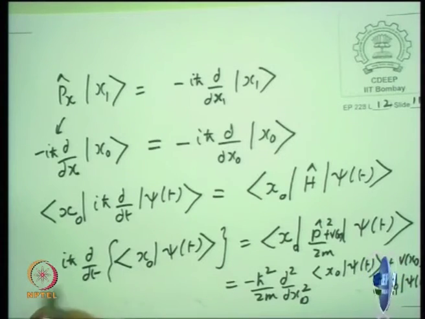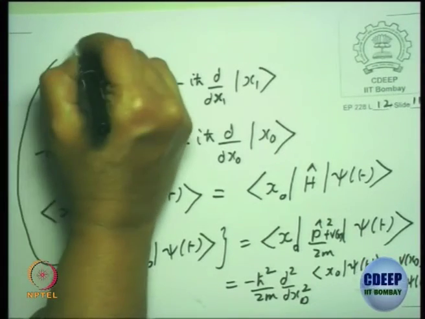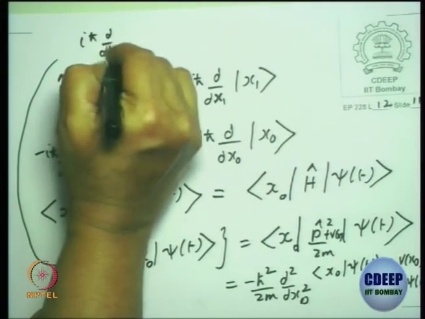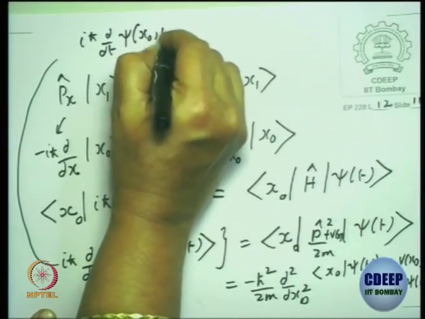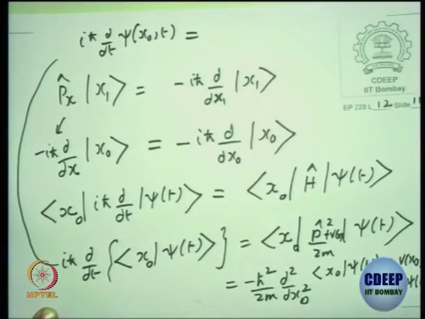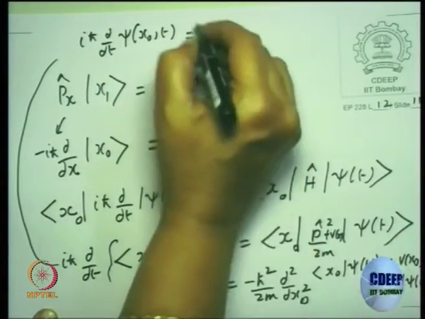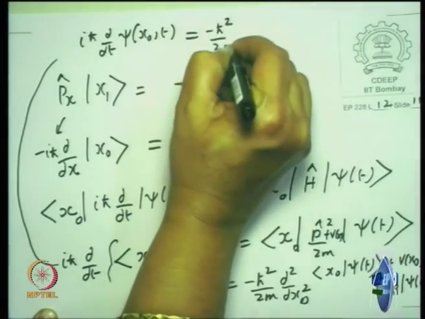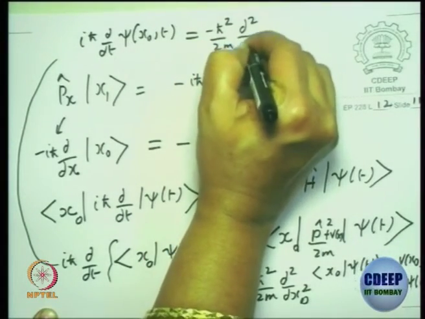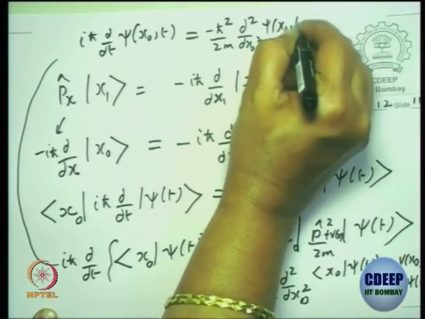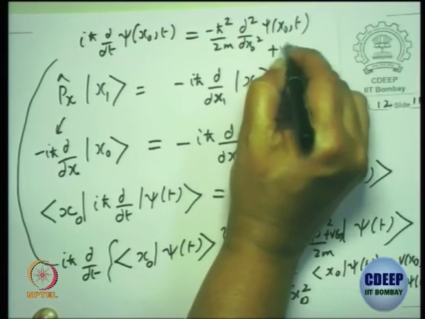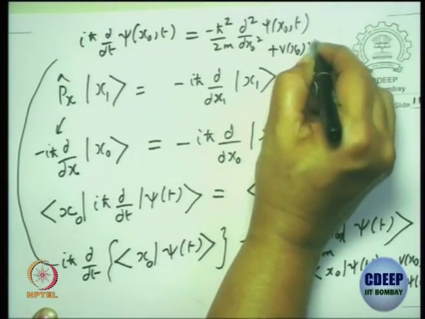So this equation I can write as i h cross del by del t psi of x0, t equals, what about this? Minus h cross squared over 2m del squared by del x0 squared psi of x0, t plus V of x0 psi of x0.